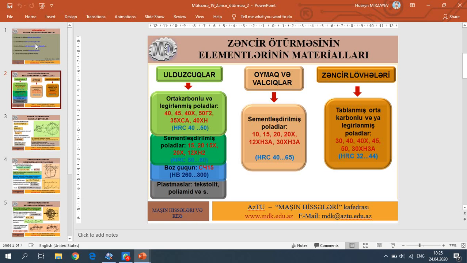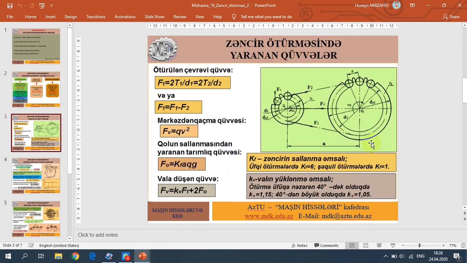Sometimes plastic materials or composite materials may also be used for the sprocket, but this type of materials is applicable for low speeds and light loads. Links of the chains are also made from middle carbon steels. This is the number of the steel, designation of the steels. And force acting on the chains has been shown on these presentations.